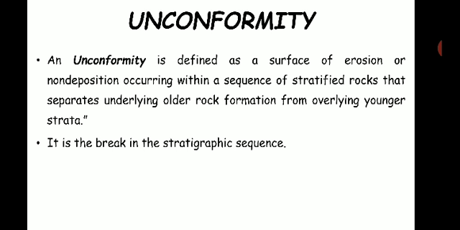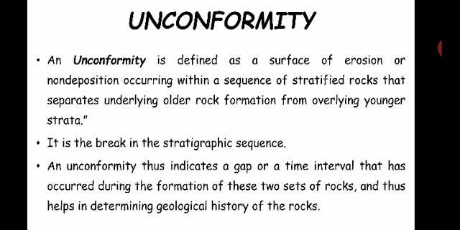That break is called the unconformity. An unconformity indicates a gap or time interval that has occurred during the formation of these two different sets of rocks, and thus it helps in determining the geological history of the rock.